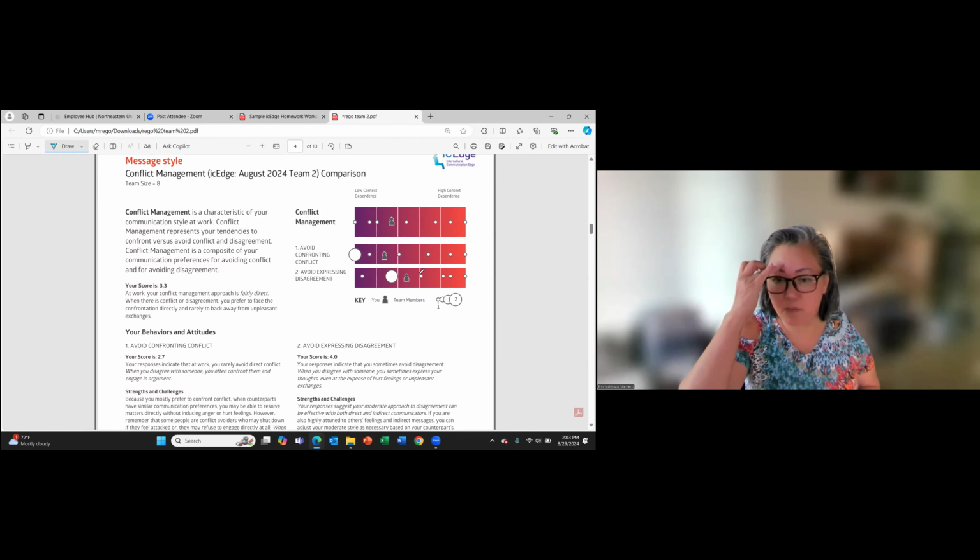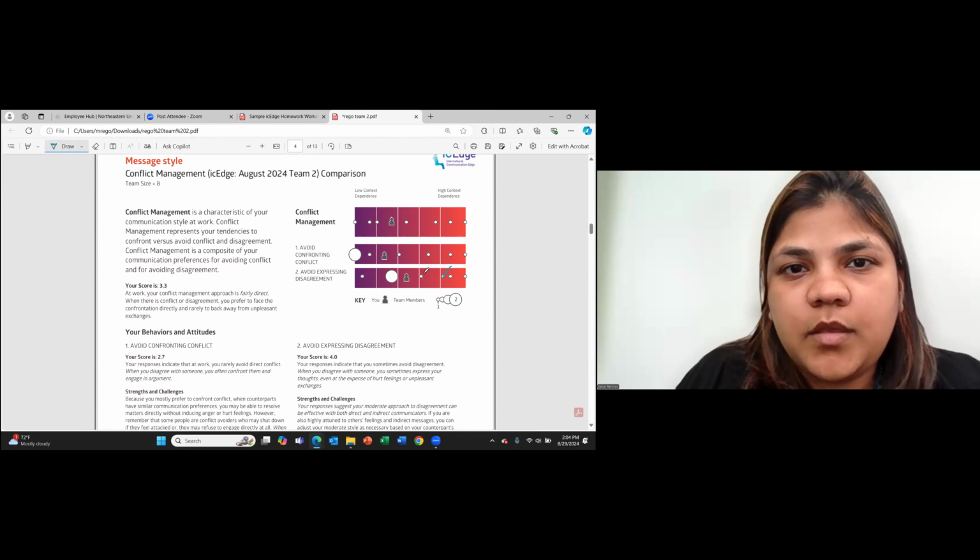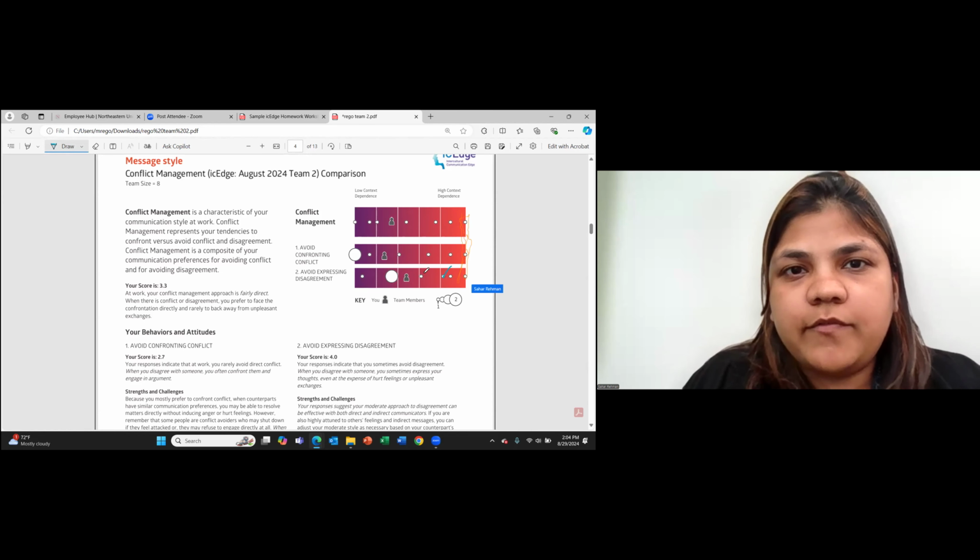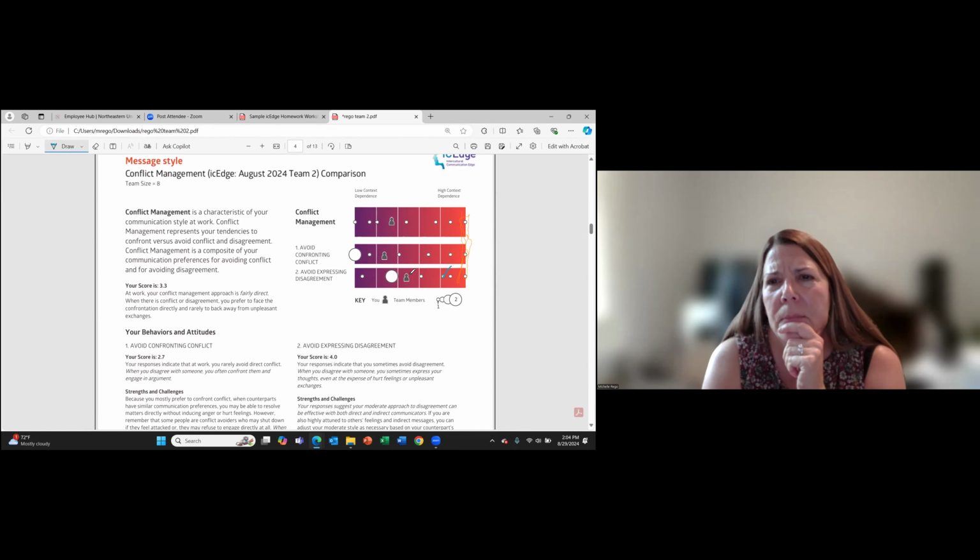Keep one more. That's me. Yeah, all three is me. All three on the border of high context. Okay, so we have, I'm in the middle here. Wow, this is a big difference.